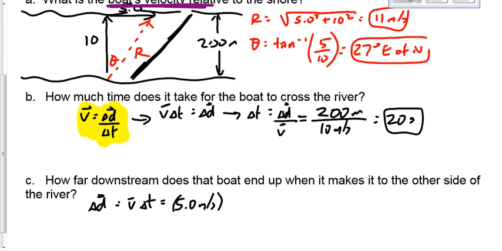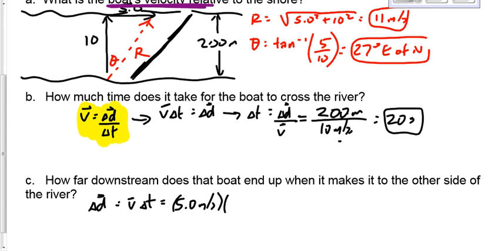What time do I use? 20? Oh, do I have to find the x component of that 20? No. Your velocity and displacement have to be consistent, right? Look up here. 20 and 10 are both north. 5 and whatever displacement I get here are both east.